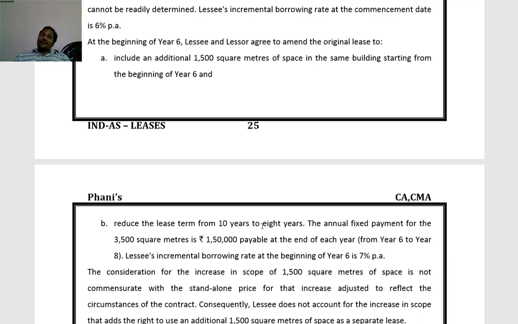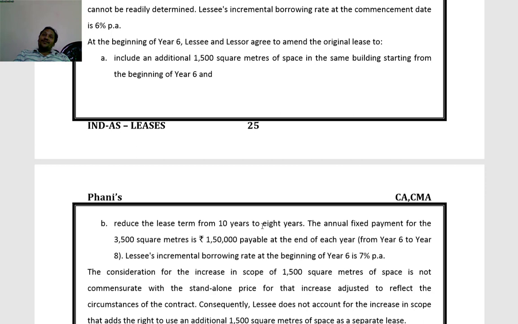Then, out of the balance liability, for 3 years, what is the value we will be arriving at? By comparing these two, the impact of the decrease by 2 years we can arrive at. We have to compare the change in liability and the change in asset, and the balance we have to adjust to the P&L account. Definitely that we have to do. That is a modification of lease term.